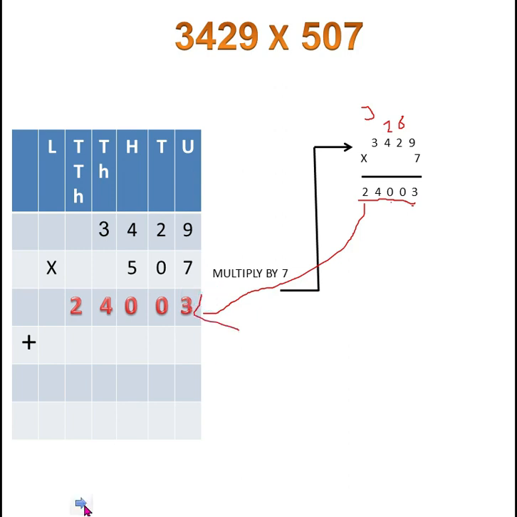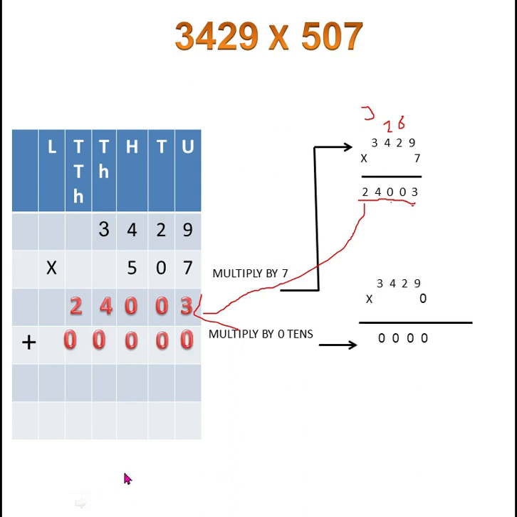Then I multiply 3,429 into 0. Multiply any number by 0, you will get the value 0. Then you multiply 3,429 by 500s.